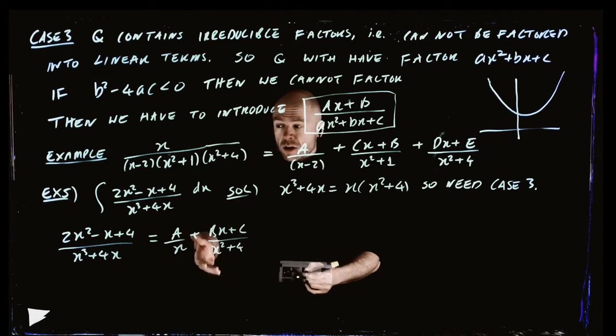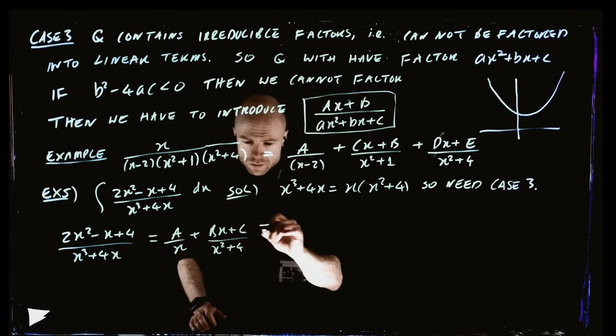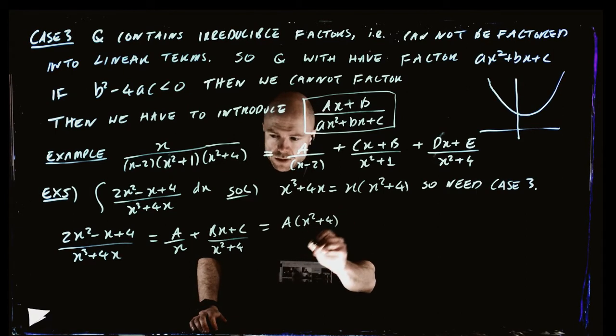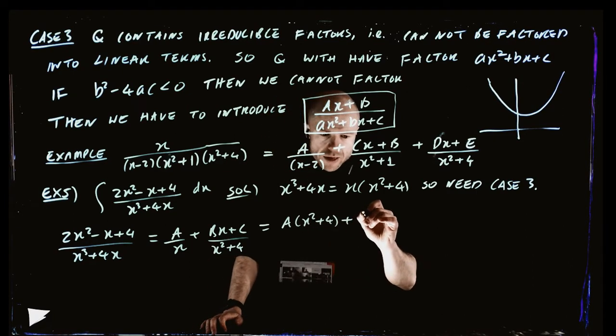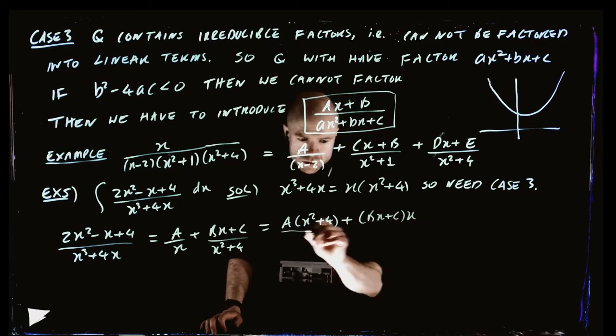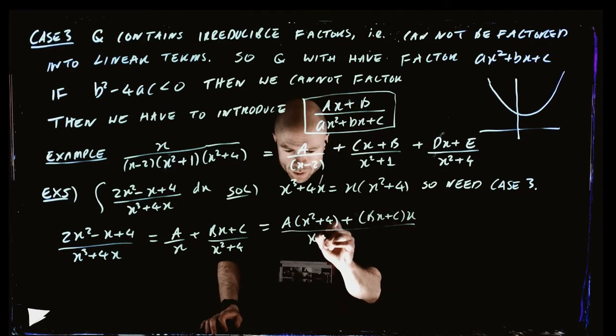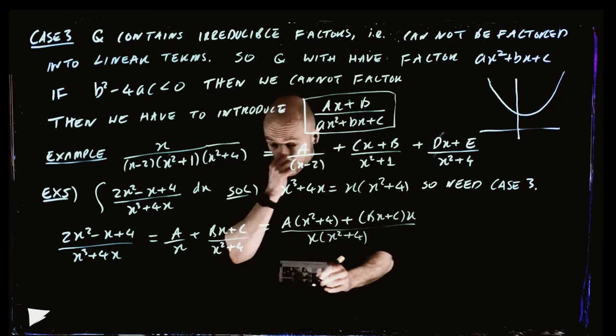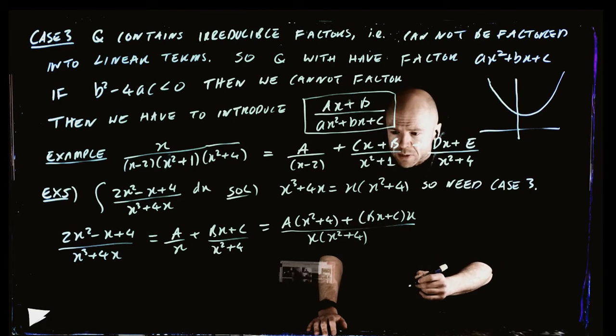And then we need to make the common denominator. So we're going to make this thing plus 4 like this. And then this thing, we're just going to multiply it all by x. I'm going a little bit faster because we've lost most people, I guess.